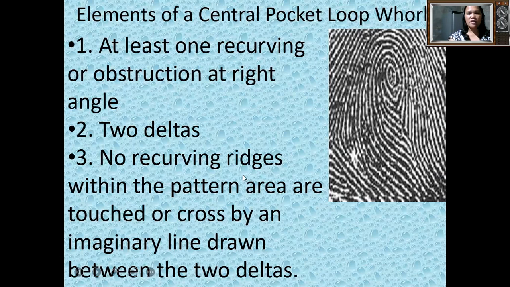No recurving ridges within the pattern area are touched or crossed by an imaginary line drawn between the two deltas. So there is an obstruction in here, a right angle. You would see in here, that is why the circuiting ridge did not flow up to this part. So this is from the left delta going to the right.